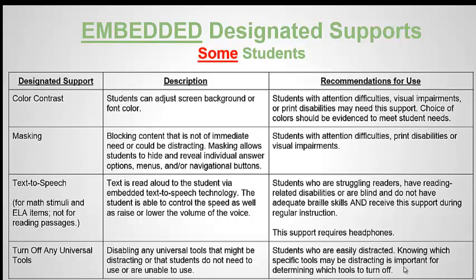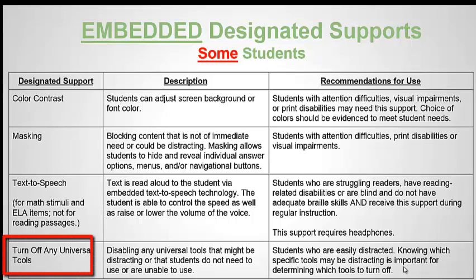This support may be needed by students with reading-related disabilities or by students who are blind and do not yet have adequate Braille skills. This support will likely be confusing and may impede the performance of students who do not regularly have the support during instruction. Students who use text-to-speech will need headphones unless tested individually in a separate setting.